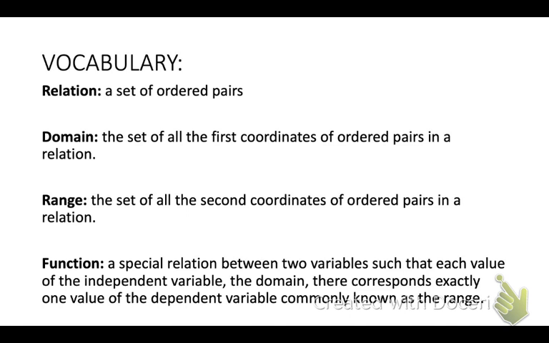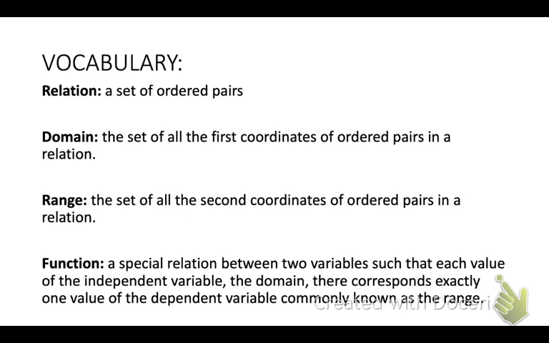If we had it in a mapping diagram, 1, 2, 3, 4, 5, 6, if this one branches out to the 1 and the 5, that would not be a function, right? So it's easy to see when we have a set of ordered pairs, or a mapping diagram, or if I turn that into a table of values, it would be the same thing, right? So 1, 4, 1, 5. So it's easy to see it there.